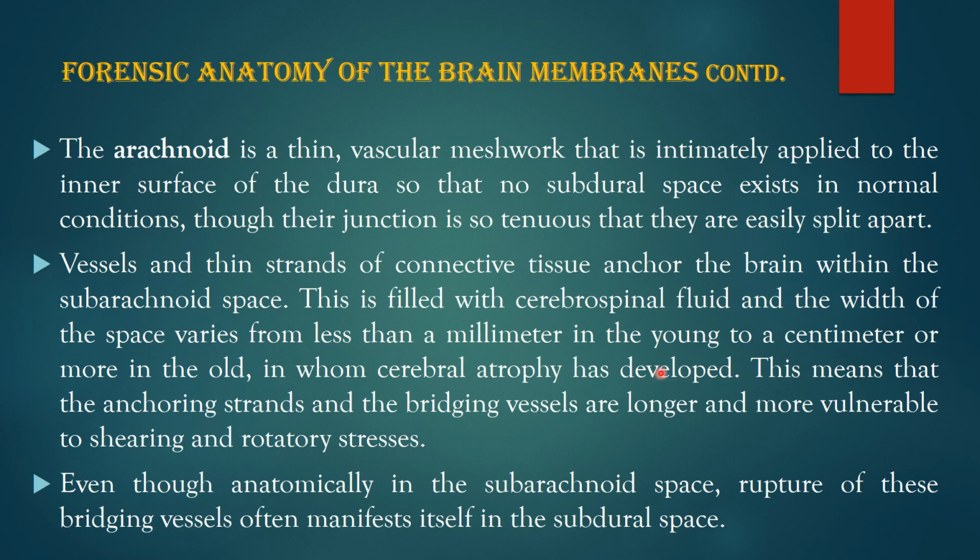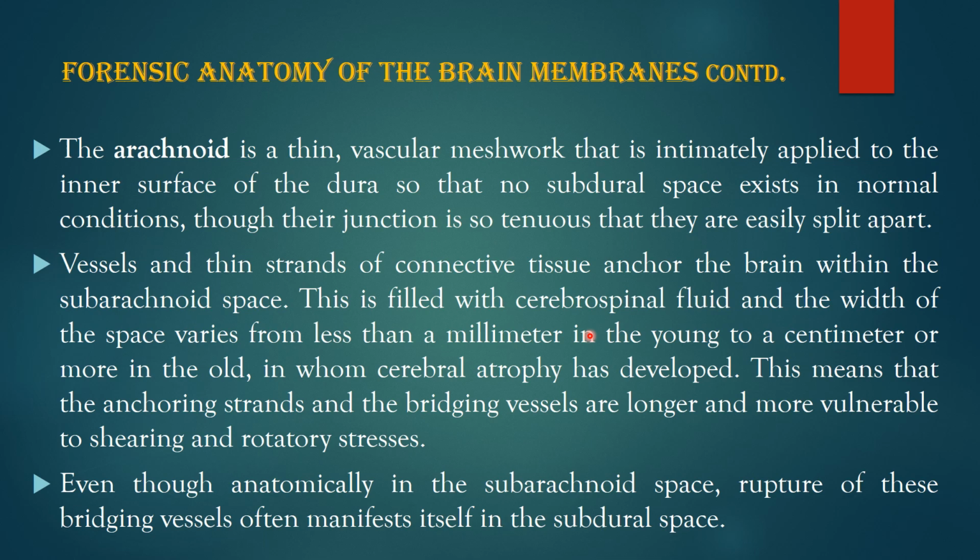Now, as I said, vessels and different connective tissue enter the brain within the subarachnoid space. The subarachnoid space, beneath arachnoid mater, is an actual space, which is filled with cerebrospinal fluid. And this width is usually less than a millimeter in a young person, but it can be up to a centimeter in an old person due to cerebral atrophy.